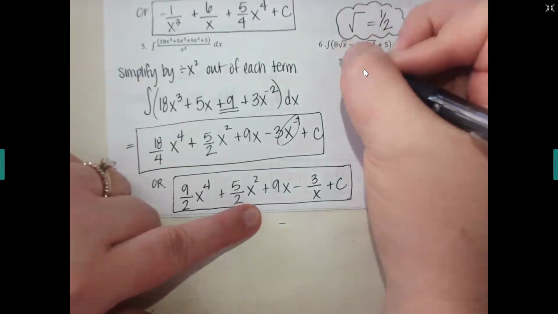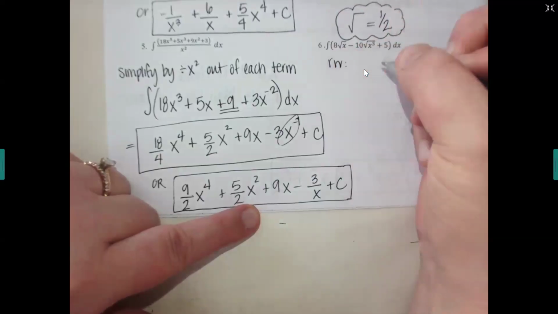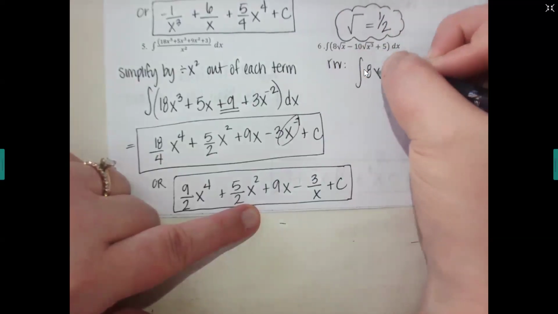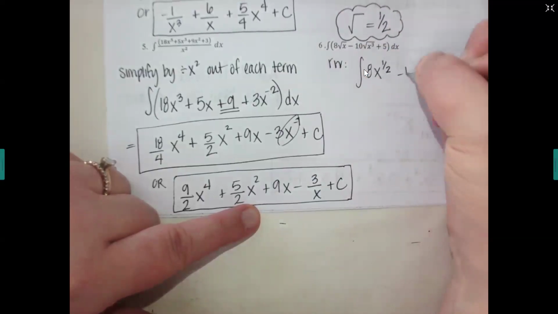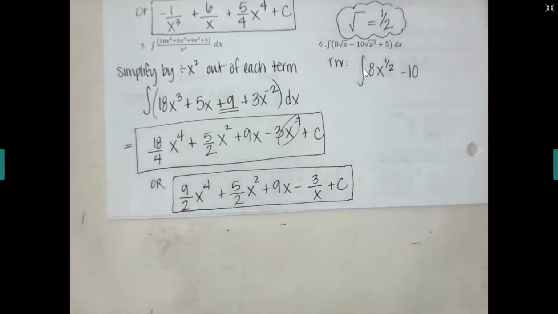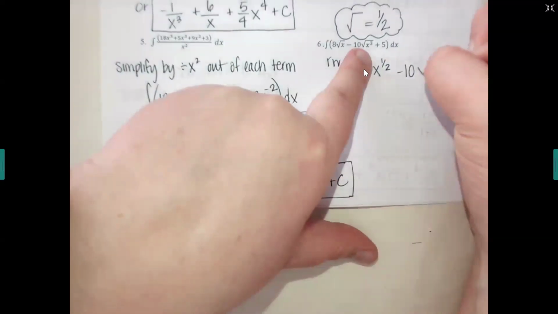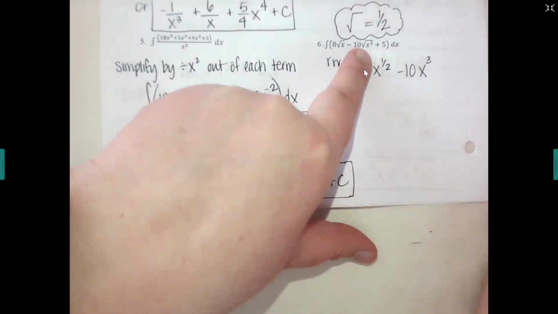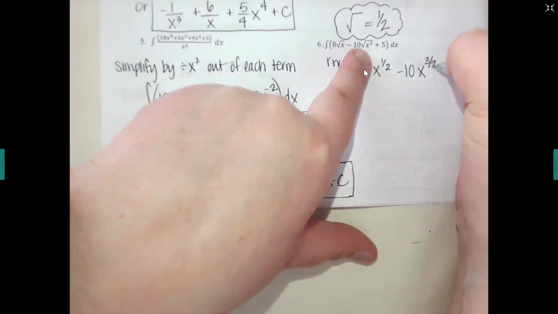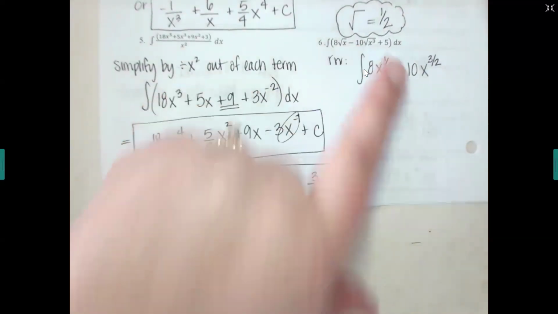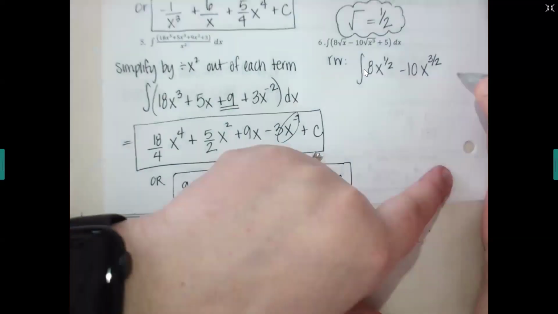So my rewrite on this one, RW for rewrite, would be 8x to the 1/2. And then when I get to the 10, it's the square root of x cubed. So I would still let the x be to the 3, but then for the root, I would cut it in half. So it'd be 3 halves. And then the plus 5 is the same.